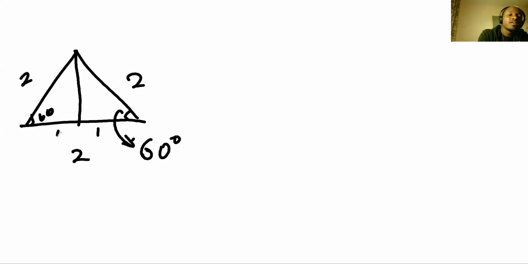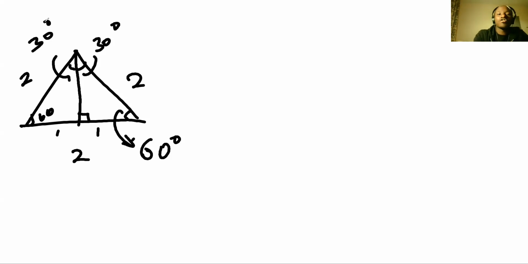This here will be 1. This one will be 1. This angle is 90. So if this is divided equally, this will be 30 degrees, and this angle will be 30 degrees as well. So that is the first triangle.